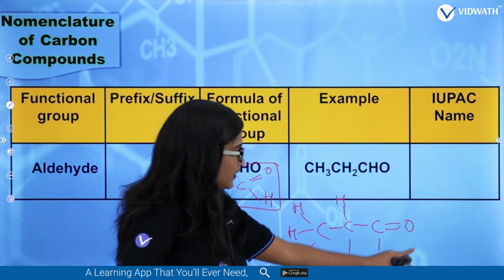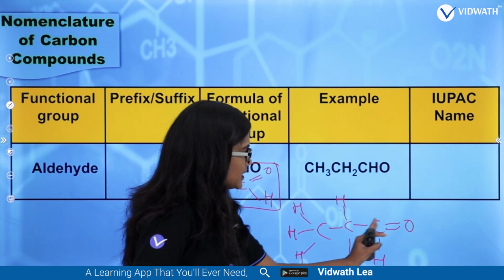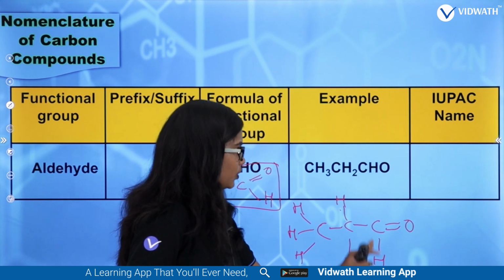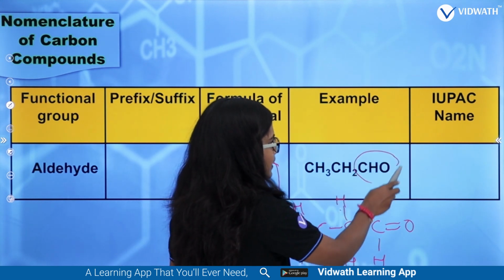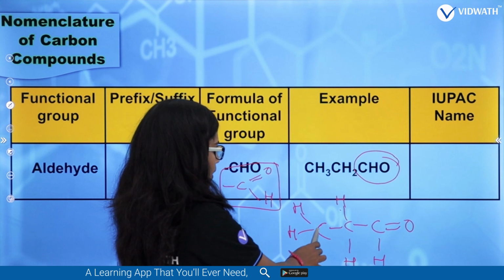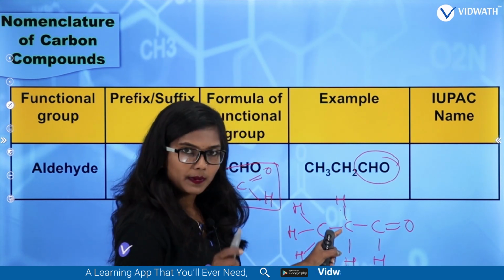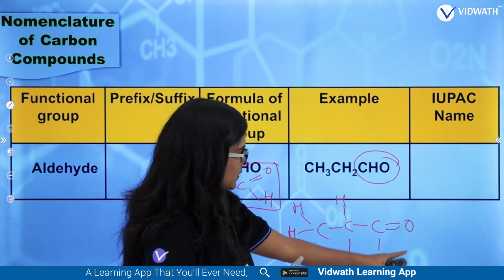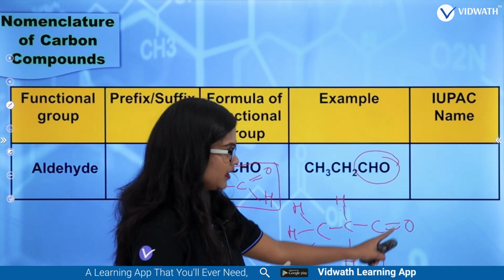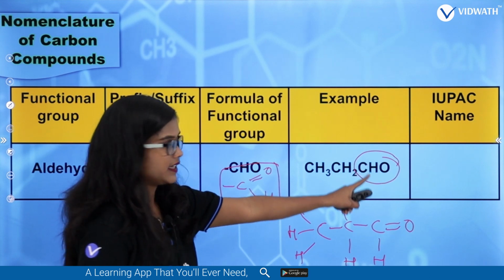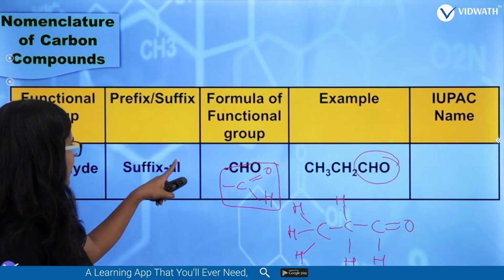So here we have a C double bond. The carbon is attached with the C double bond OH group. Okay. The CHO group. Then how do we name it? How many carbon do we have in total? 3 carbon atoms. So it will be propane, as we have a CHO group here. In that case we use the suffix "al".